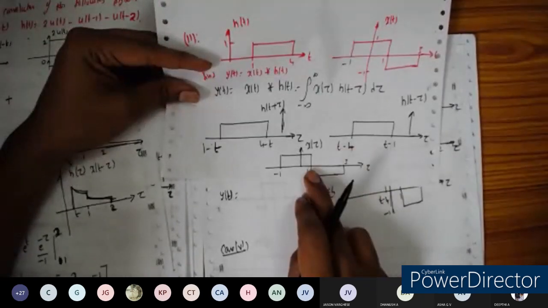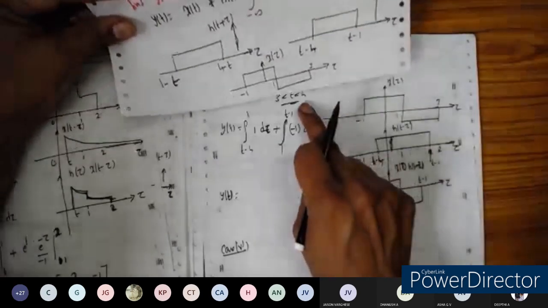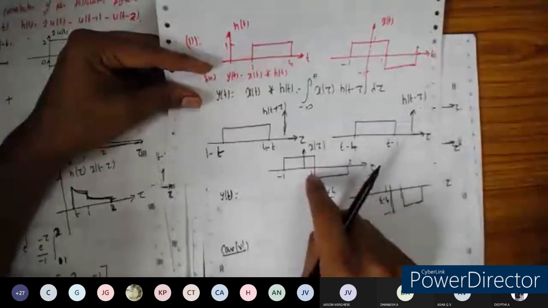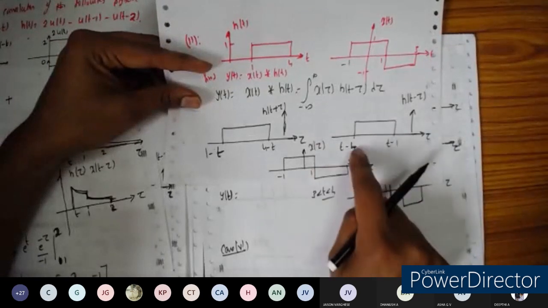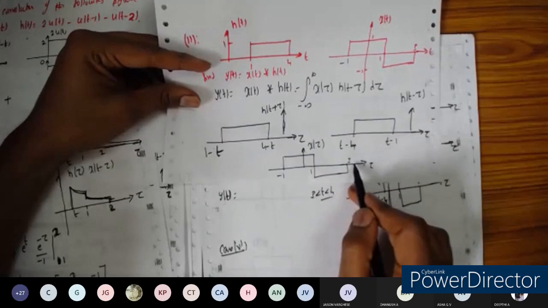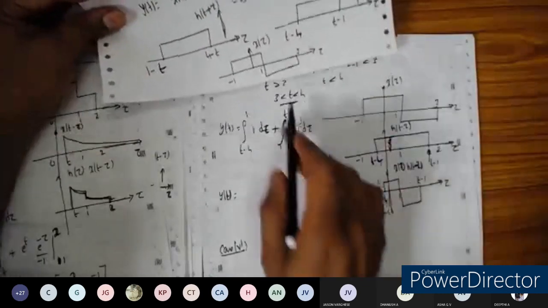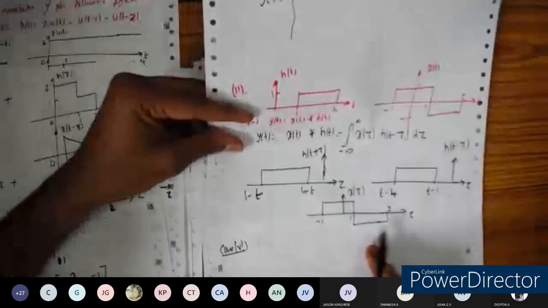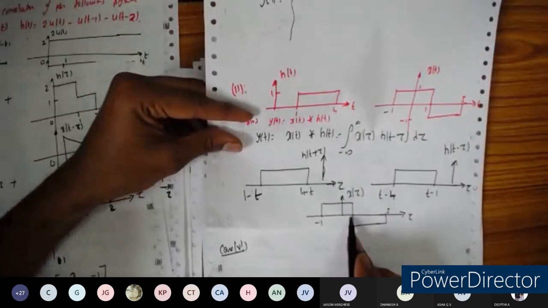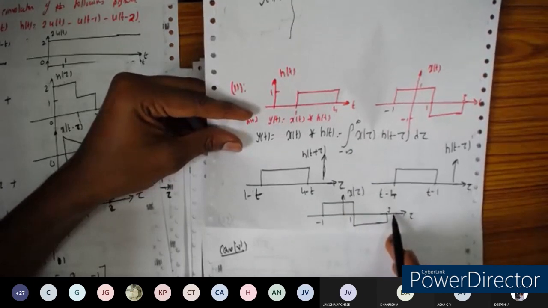If t minus 4 is greater than 1, that is already covered, so what we should take is t minus 4 less than 1 and t minus 1 greater than 3, because we need continuous time intervals. So your 3 to 4 you are going to get.